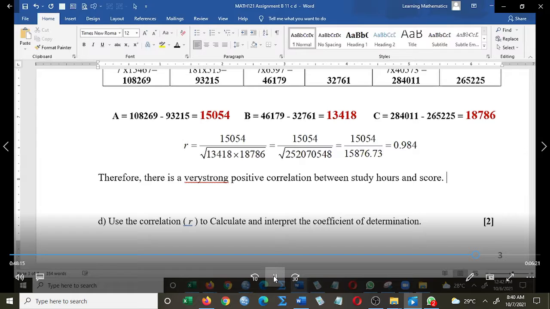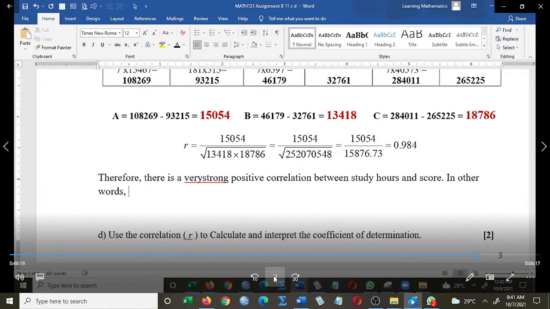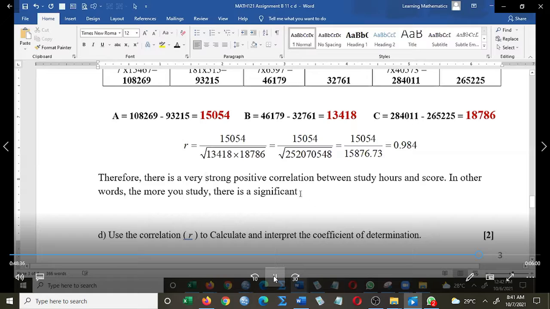All right. In other words, the more you study, there is a significant. Significant is a very useful word in interpreting numbers in statistics. There could be not significant or significant.